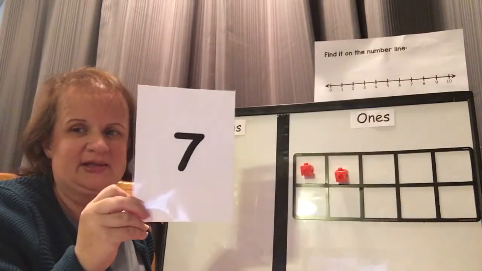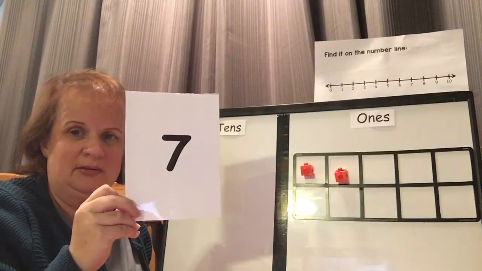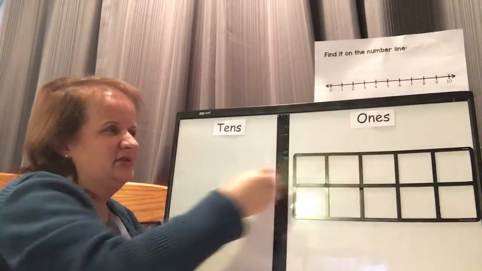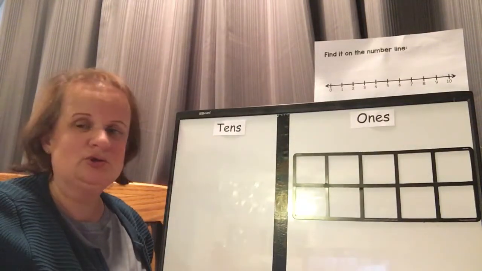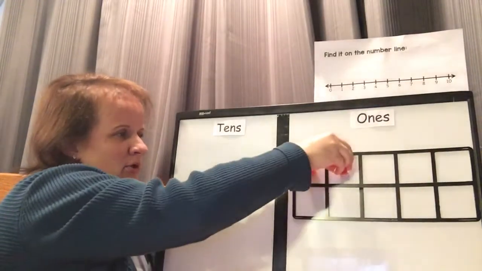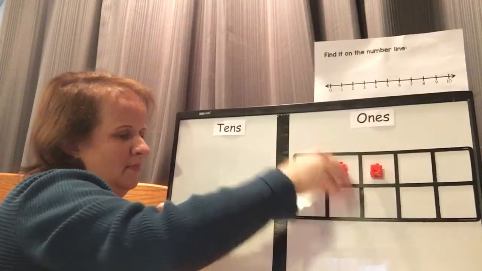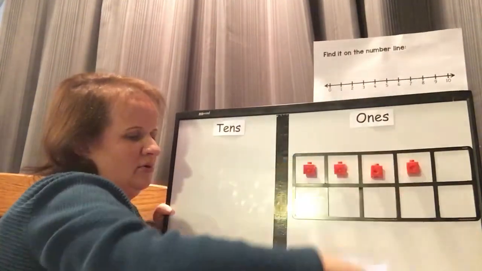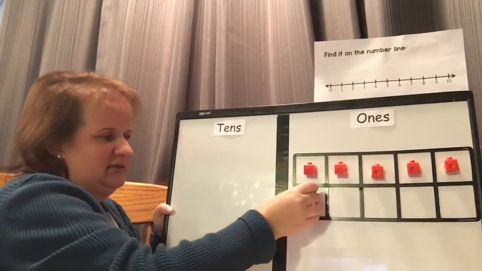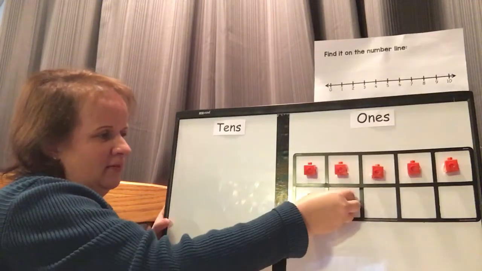What number, friends? Nice job. Number 7. All right. I'm going to count and put 7 blocks or cubes on my 10 frame. 1, 2, 3, 4, 5, 6, 7.